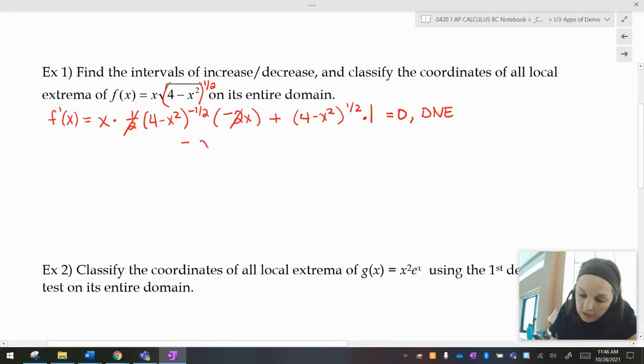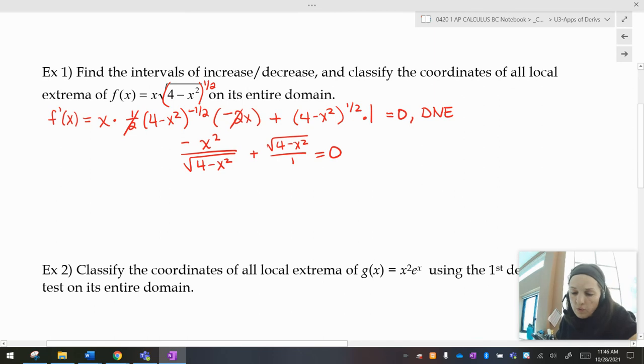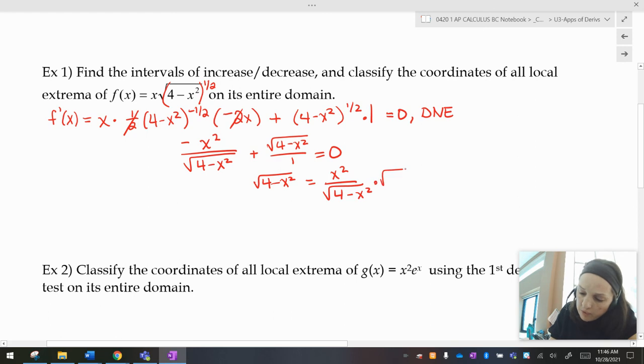So this would be negative x squared over the square root of 4 minus x squared, plus over here, I'd have the square root of 4 minus x squared over 1 equals 0. In order to solve that, I am going to add the fraction part to both sides, and then I am going to multiply both sides by that radical.